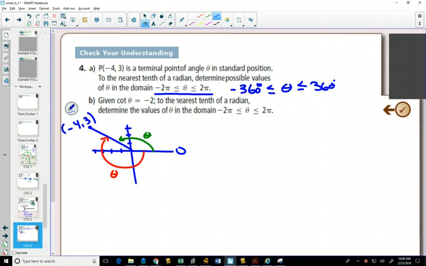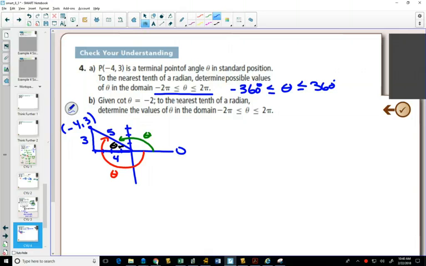In order to figure those out, just like we did in degrees, what we need to do is find this reference angle. And we find that reference angle by making a triangle and saying, what do I know about that triangle? I know this length is 4, this length is 3. Maybe you recognize this triangle and can say right away that the hypotenuse is 5.